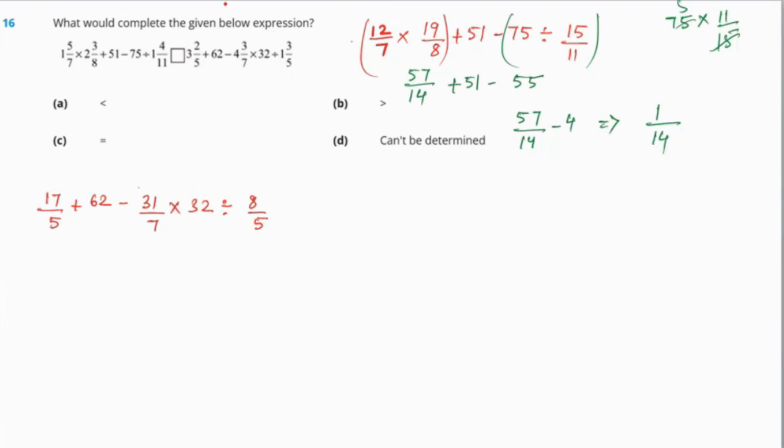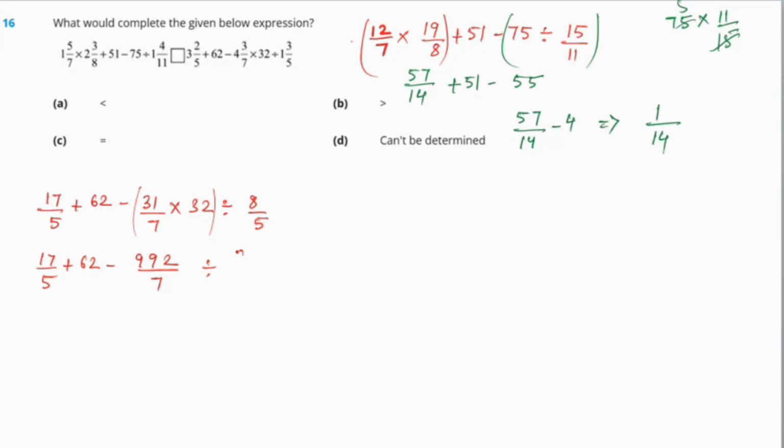Okay. So let's solve this one first. 1 by 7 times 32 gives us 992 by 7.